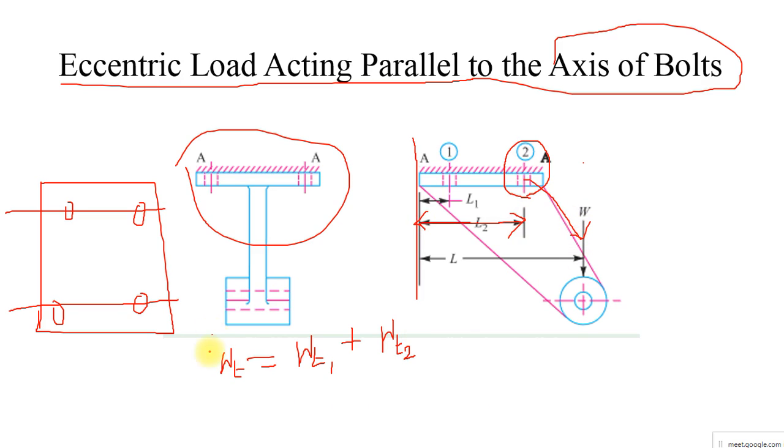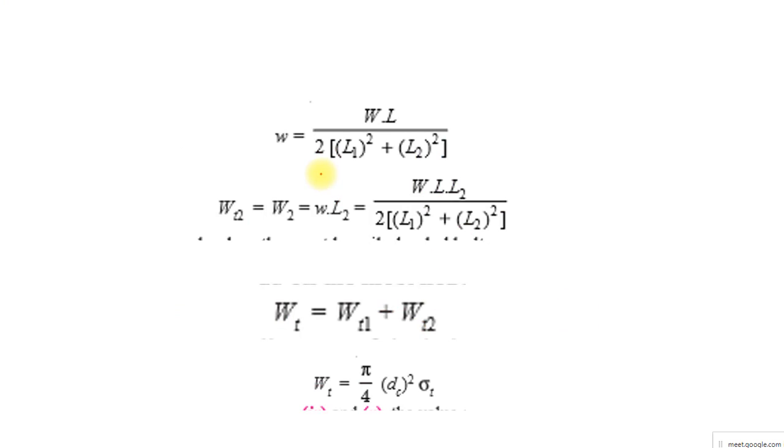So the one and only important formula is the total load acting is equal to WT1 plus WT2. That is what we have seen in our yesterday class. WT1 can be written as the total load acted divided by the number of bolts and nuts. WT2 can be written as w into L2, where the small w can be found out here.